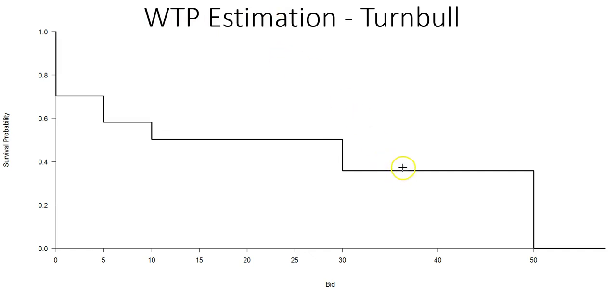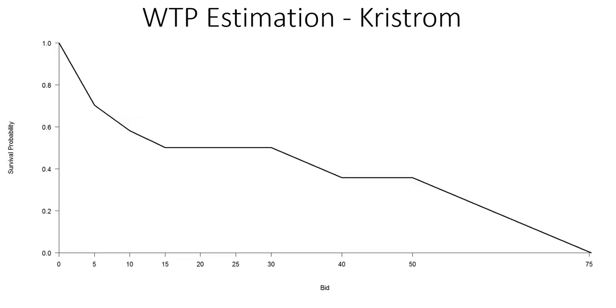And the way it's done in the next slide is by taking the slope between the two highest cost amounts and just pushing that line out to where it intersects the horizontal axis. So that's the Christrom demand curve.